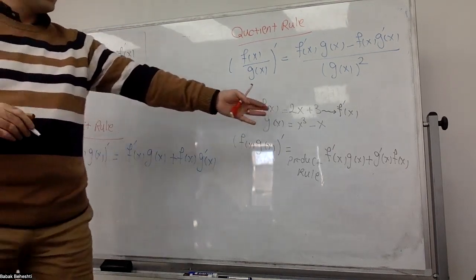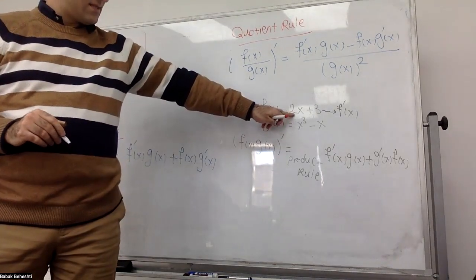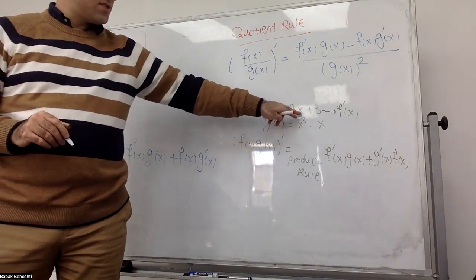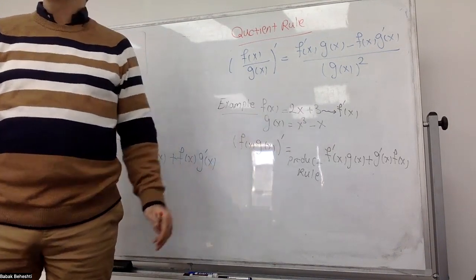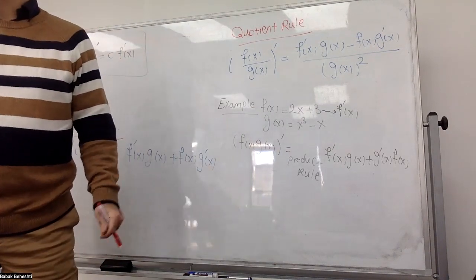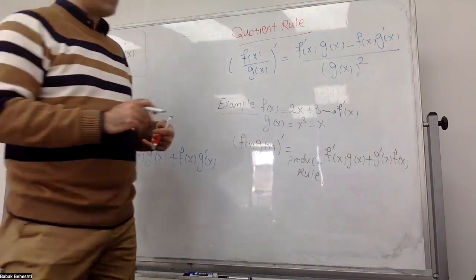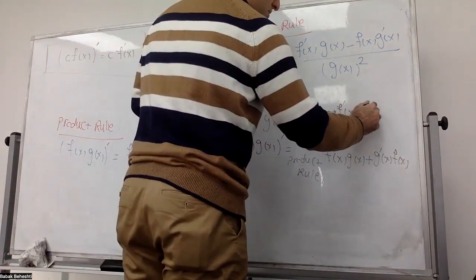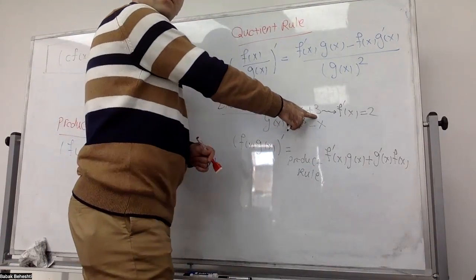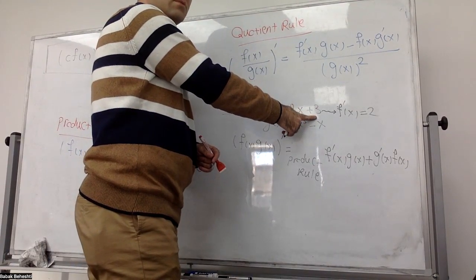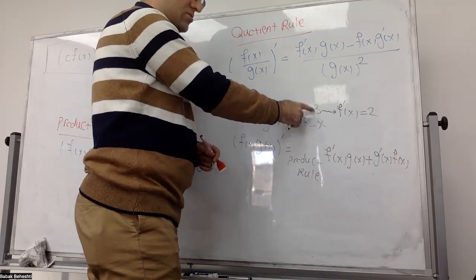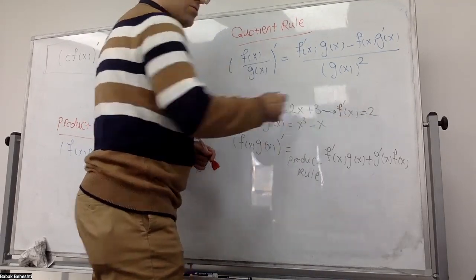For example, here, look, 2x, if we want to take the derivative, you just take the derivative of x, which is 1. So the derivative of 2x is 2 times 1, 2. And the derivative of 3 is a constant, remember? 0. So 2 plus 0 is just 2.